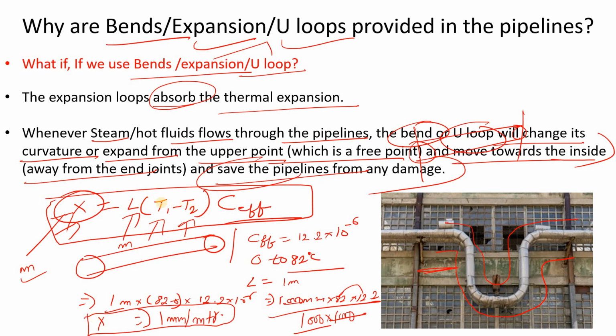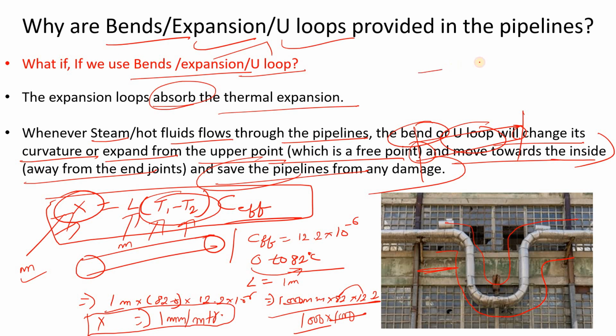See, this is the starting point minus your 82. Here don't get confused with the sign. Just try to understand what I wanted to tell you, that if you raise the temperature from 0 degrees Celsius to 82 degrees Celsius, the expansion per meter of length will be 1 mm.